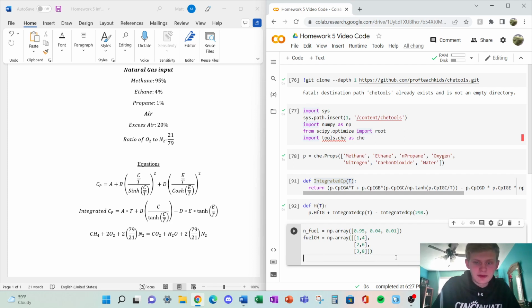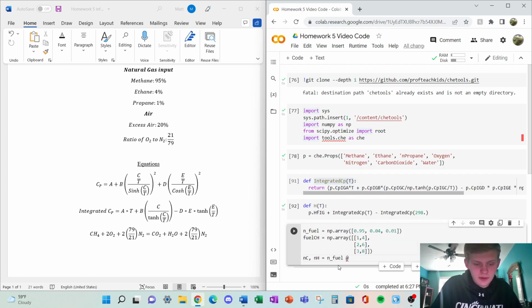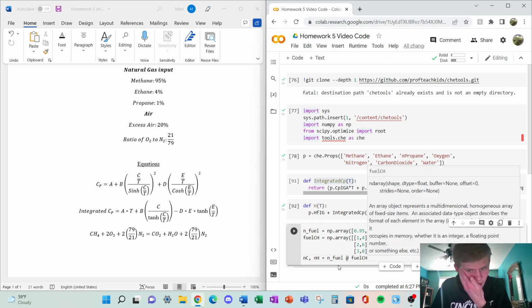And then, since we want our percentages to also represent what's going in, we're going to do something a little weird here. We're going to have our number of moles of carbon and our moles of hydrogen equal to an array multiplication of our fuel percentages multiplied by our array for fuel of CH, carbon and hydrogen.